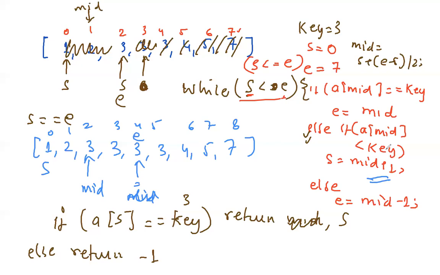If you listen to my first sentence when I started this problem, I said this is a sorted array, and if there is a sorted array, just give binary search a try. I'm not saying 100% of the time it will work, but 99.9% it will. If it is a sorted array, think of binary search.